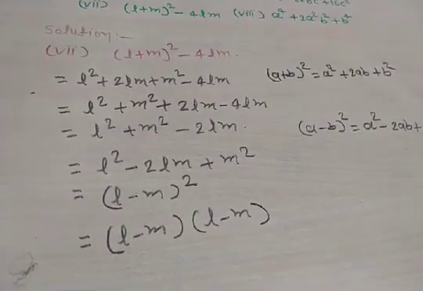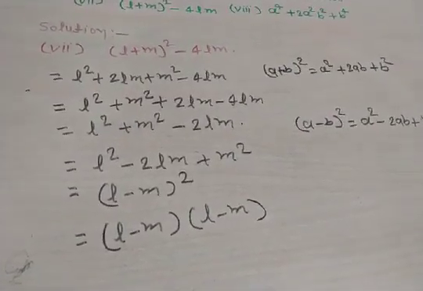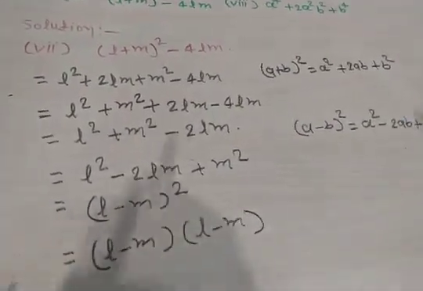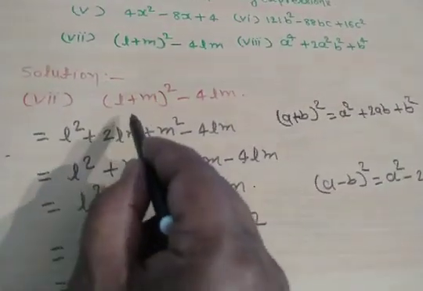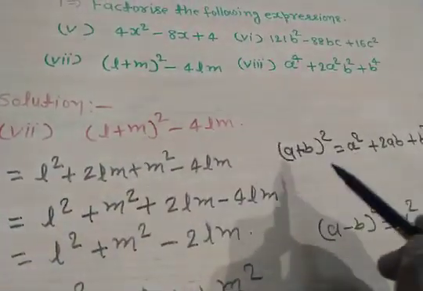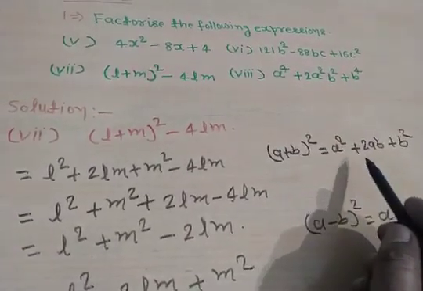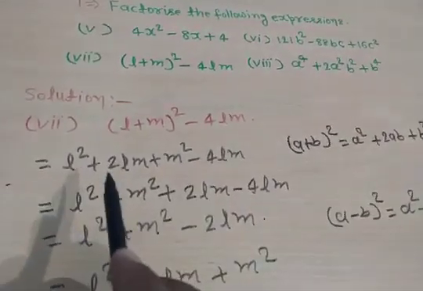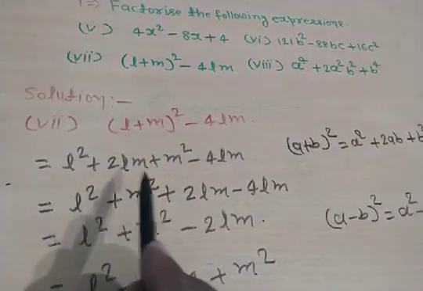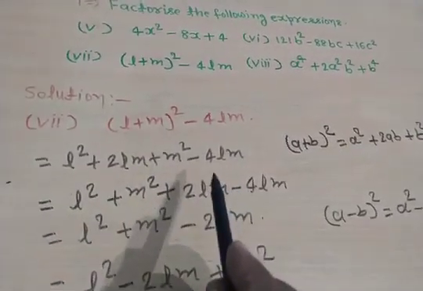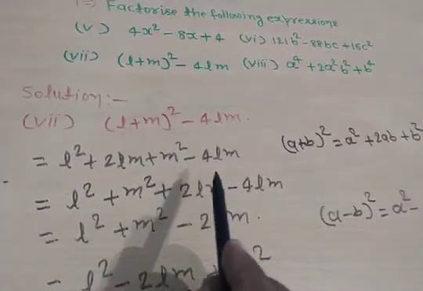This is clear. So first we break this part and use this identity: the whole square of A plus B is A square plus 2AB plus B square. So here we obtain L square plus 2LM plus M square minus 4LM. We write it as it is.